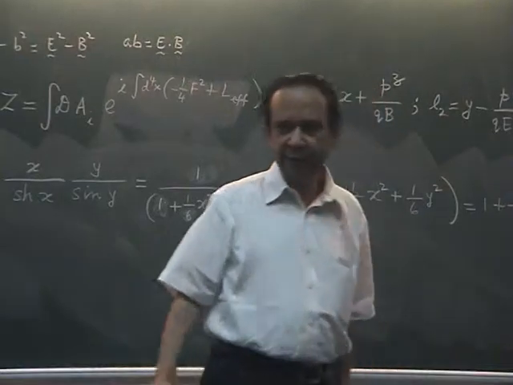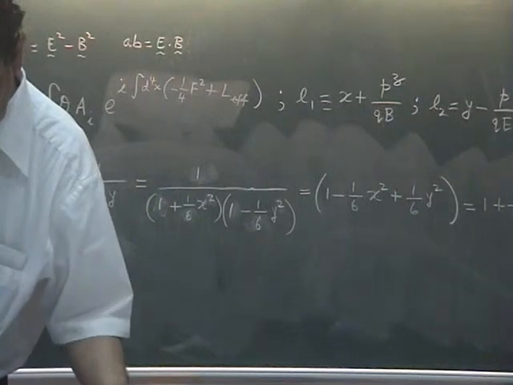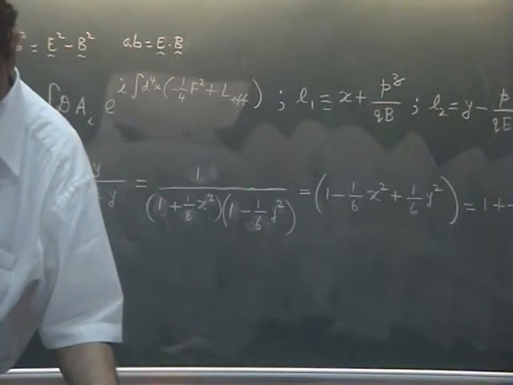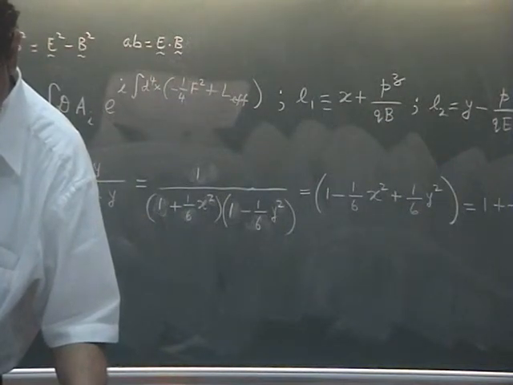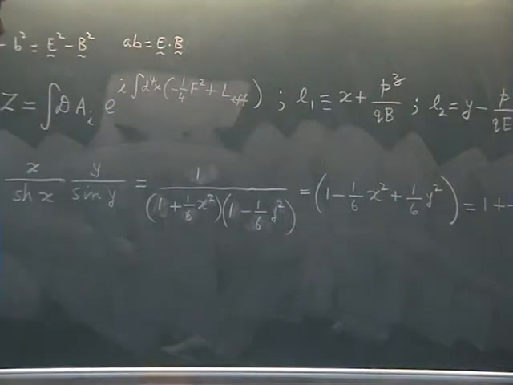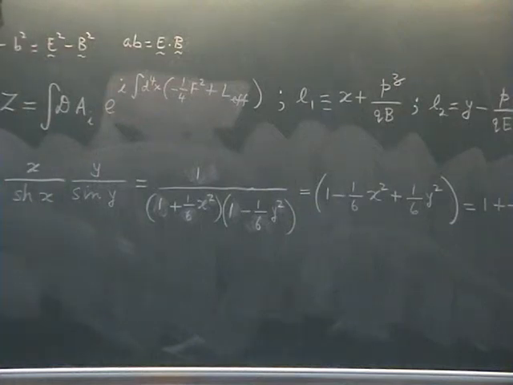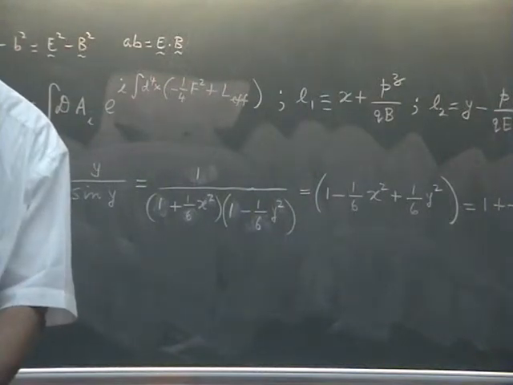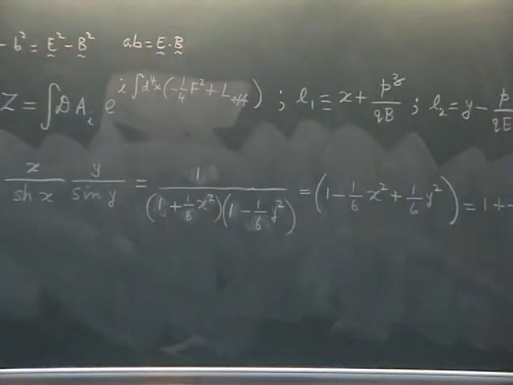Let me make sure I got the signs right. I might have got it wrong. Okay, I think it is 1 plus... it should come out as e square minus b square, which means that it should be a square minus... it seems to be getting y.